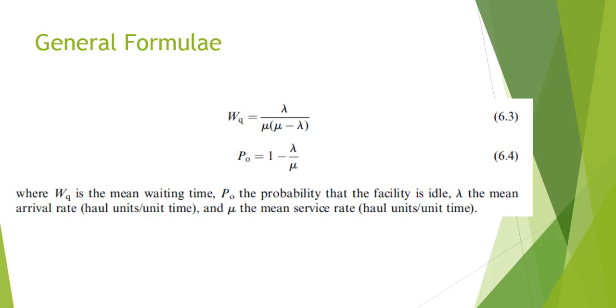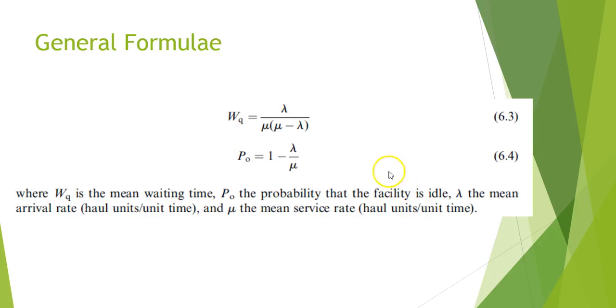And that's a function of lambda, which is the mean arrival rate. In other words, the number of trucks per unit time, usually trucks per minute. And mu, down here, mu is the mean service rate. That is, how many haul units, trucks per hour can be serviced.